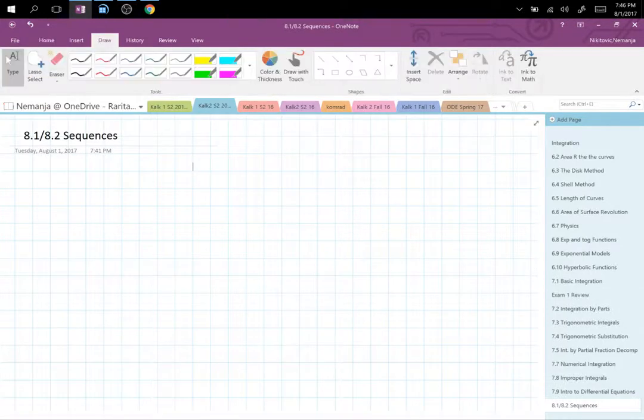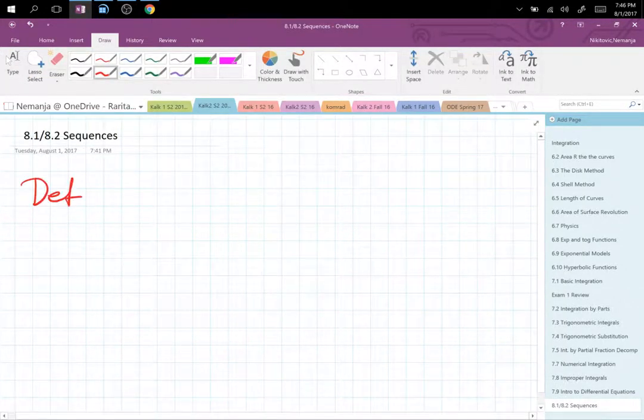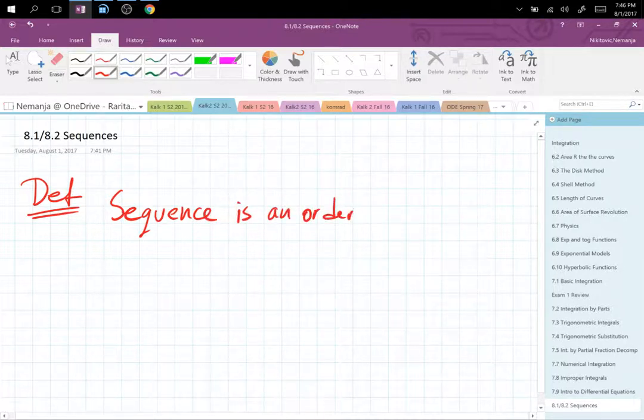So we start with the definition, which says a sequence is an ordered list of numbers.